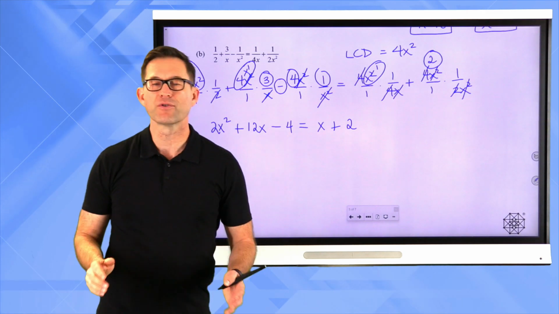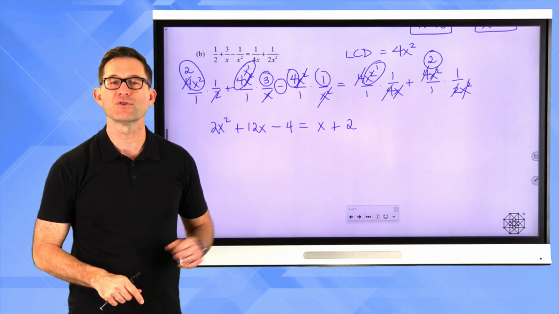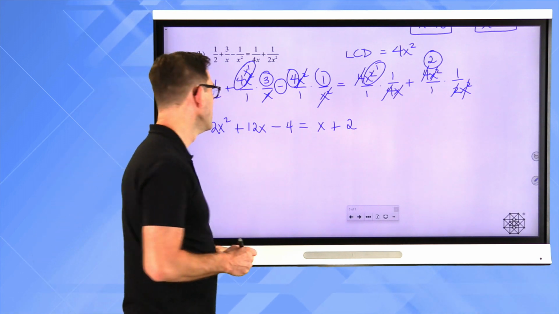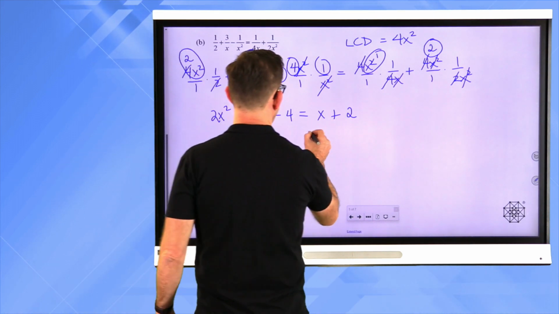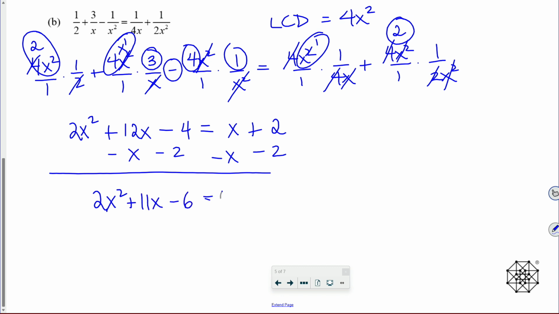So after I've multiplied each quantity by 4x squared over 1, I'm left with an equation without any denominators in it. So I'm going to use the zero product law. Subtract x, subtract 2. Subtract x, subtract 2. We've got 2x squared plus 11x minus 6 is equal to 0.